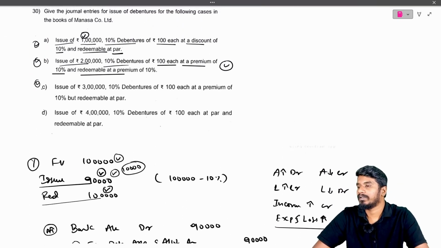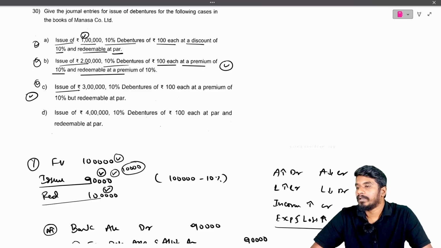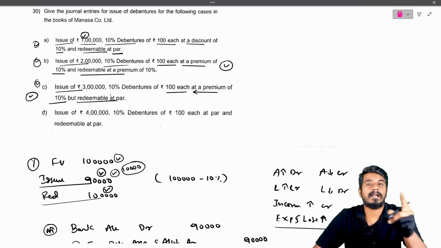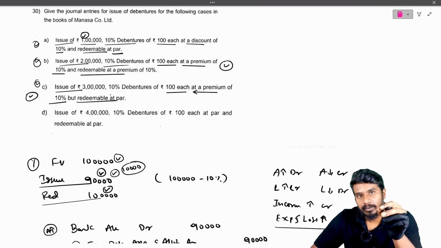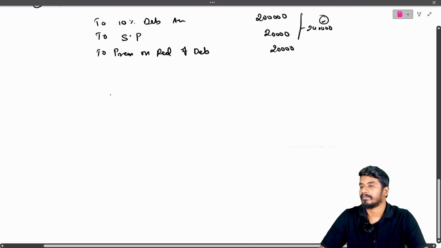I think we have done this in the previous video, if you have watched it. Issue 3 lakh 10% debentures of 100 each at a premium of 10%, but redeemable at par. They are issuing at premium and redeemable at par. So let us see that.